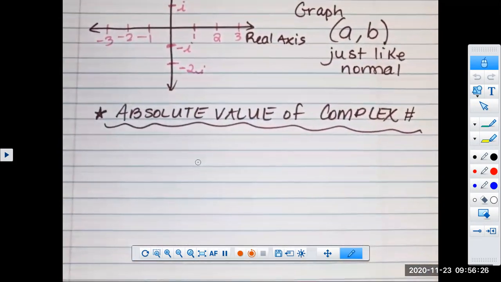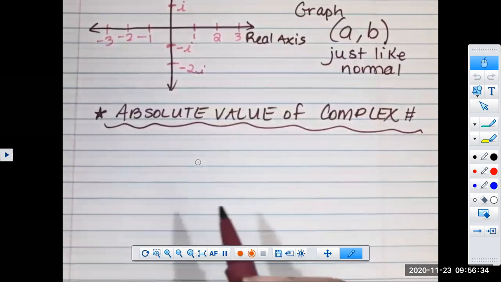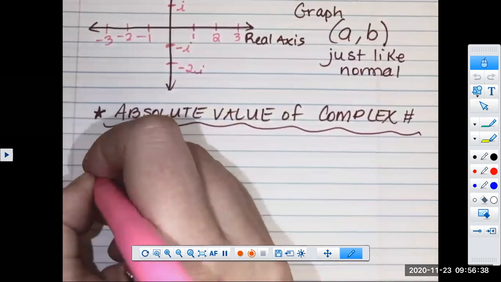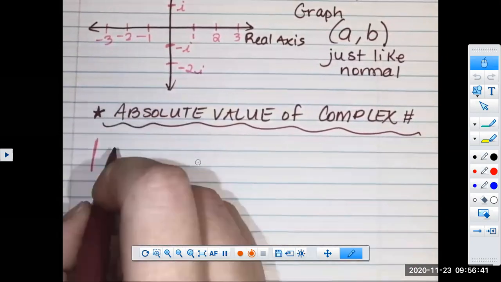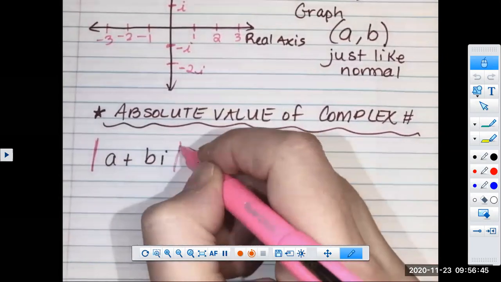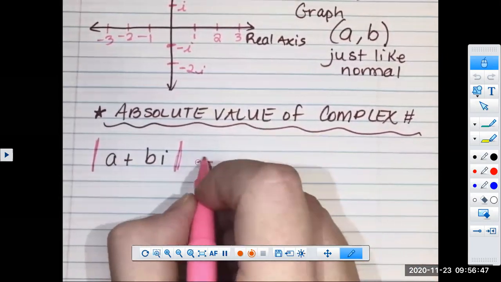And the absolute value of 3 is 3, and so on. So we have to develop a way to find the absolute value of a complex number in the same sense. So there's a formula. If you see this notation, you will have the absolute value of whatever your complex number is, and you're using this formula.